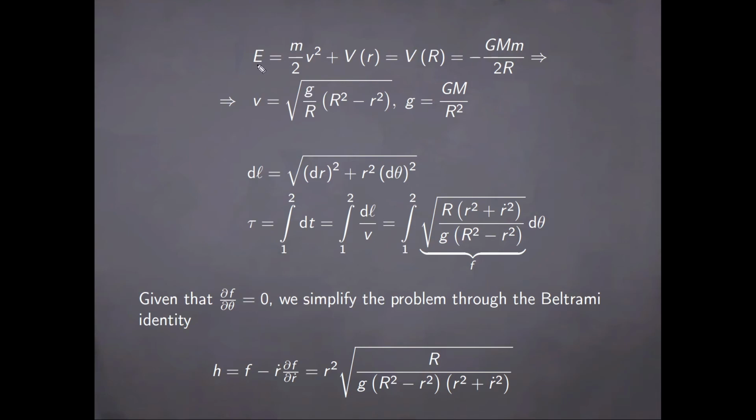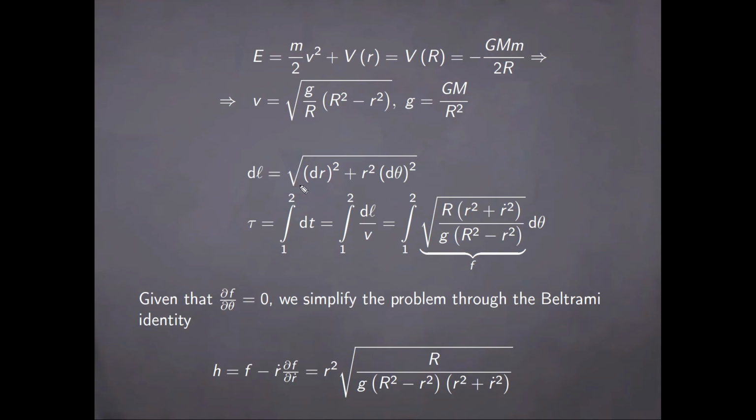Then we can employ the conservation of energy and say that the energy at an arbitrary point inside the sphere needs to be given by the energy on the surface of the sphere. And from this we can obtain an expression for the velocity as a function of r, and depending on the radius of the sphere and the gravitational acceleration g, which is given by the formula here.